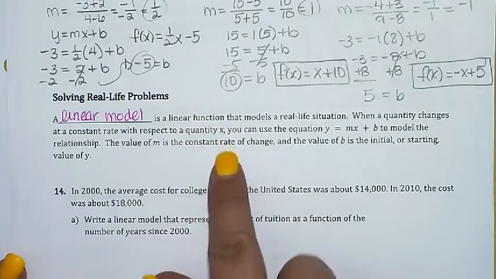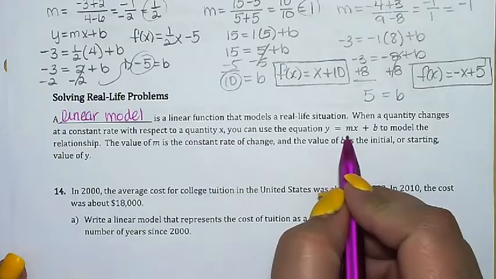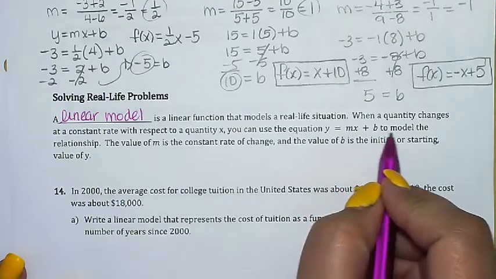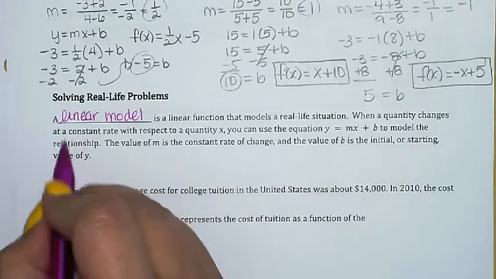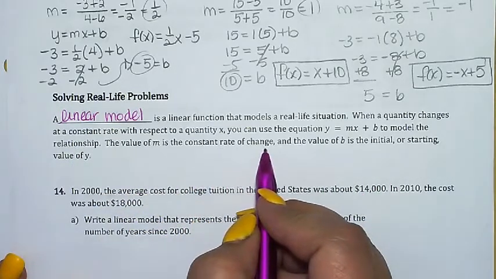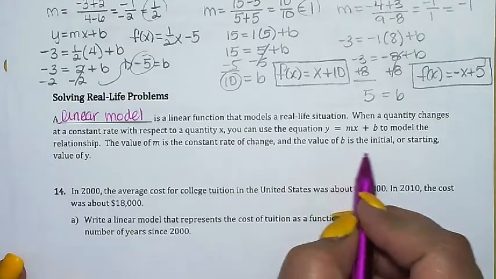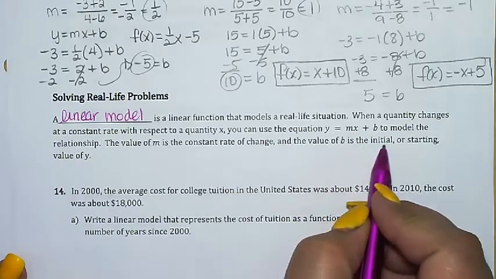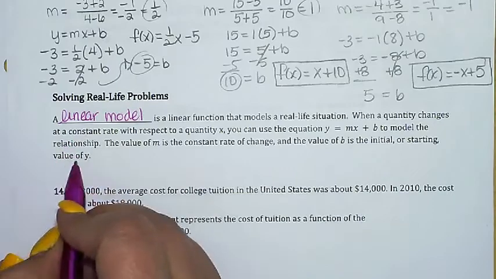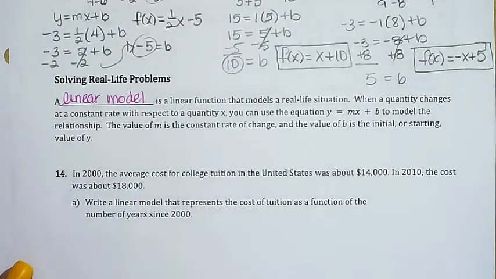So when something is increasing or decreasing at a constant rate, you can use that y equals mx plus b model to represent the relationship. M is still the constant rate of change, which on our graph will be the slope. B is going to be the initial starting quantity or value, which is then going to be the y-intercept when we graph it. So let's take a look at what that's going to look like here.